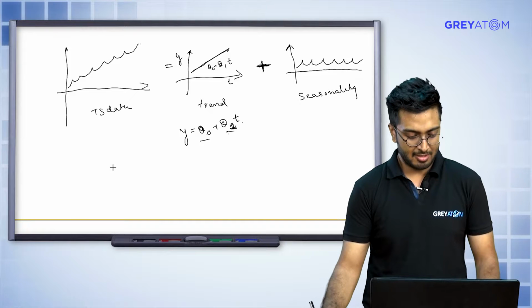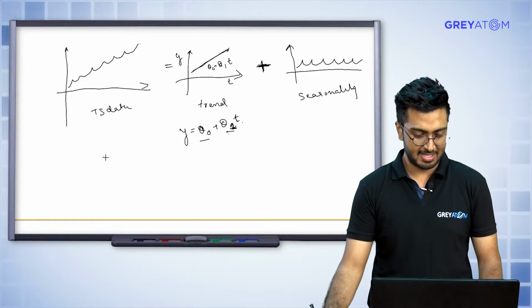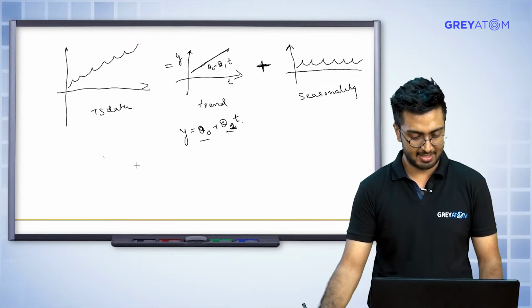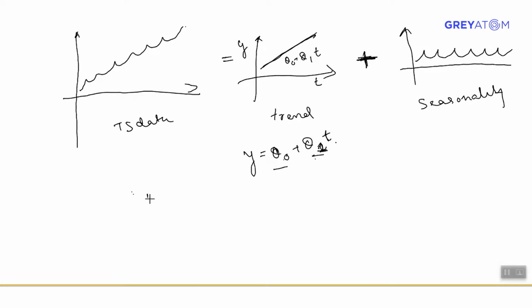So if currently your time series data looks like this, where you have different y values, and then multiple values like this, and you want to get the trend data, so this is December 14, then this is Jan 15, then Feb 15, then March 15, right?